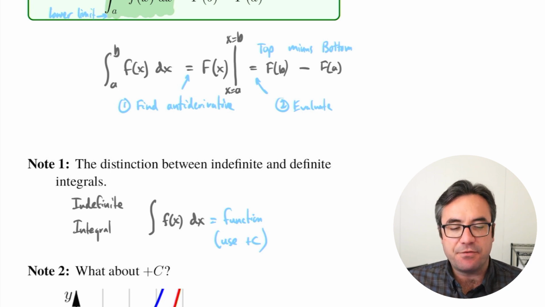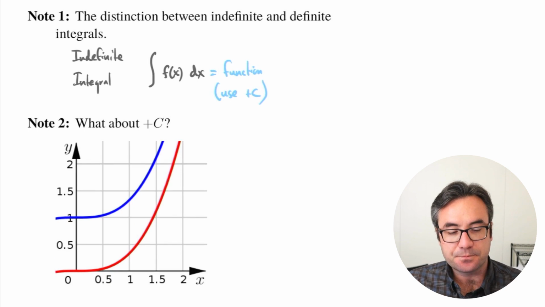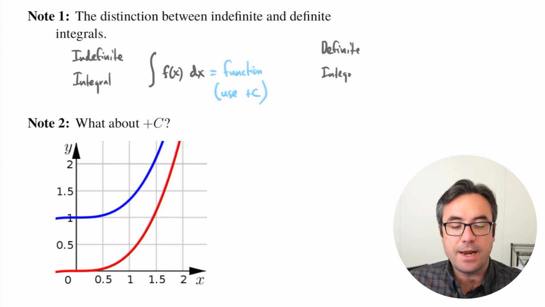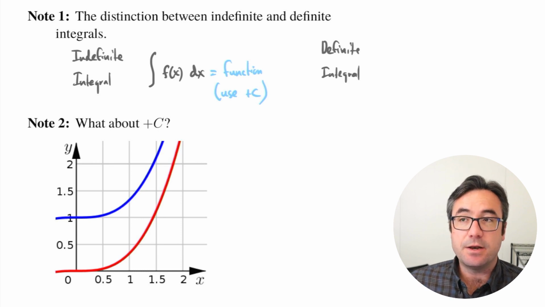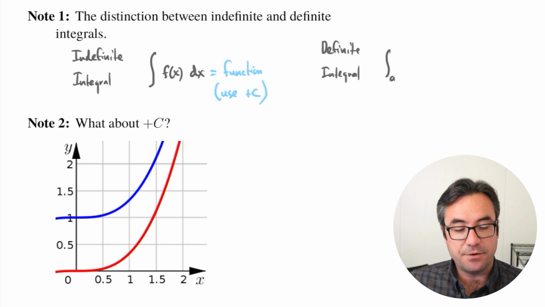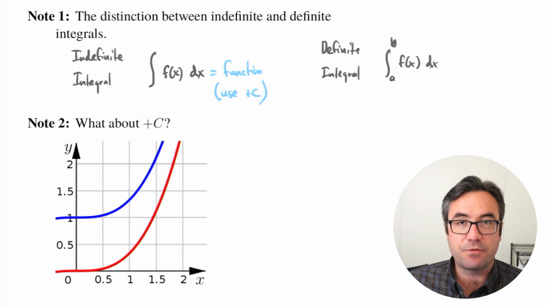What's going to happen with definite integrals? With definite integrals, we have similar notation, but our answer, the result, is going to be a number. We still have our integral sign. We're still going to have our function.